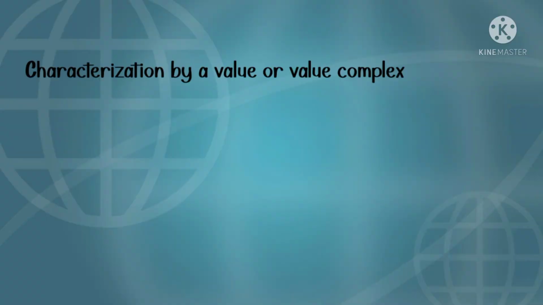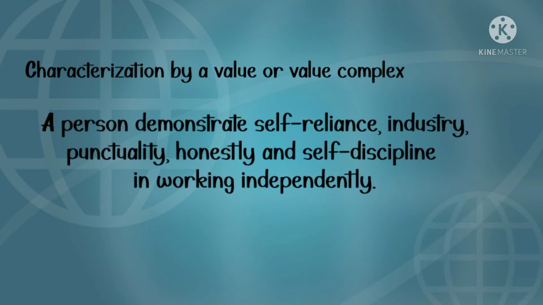And the last one is characterization by a value or value complex. A person demonstrates self-reliance, industry, punctuality, honesty, and self-discipline in working independently. It is concerned with patterns of adjustment.